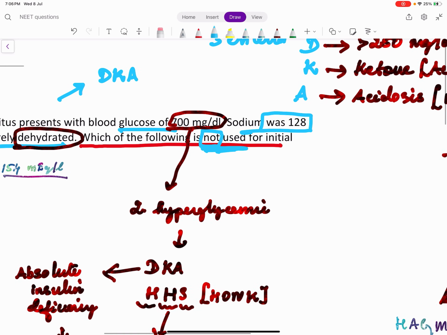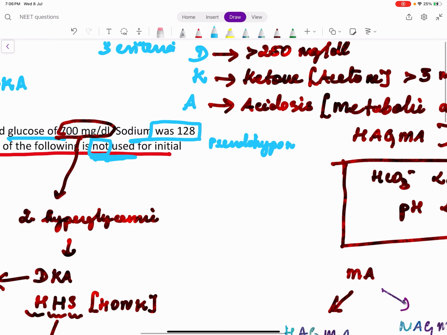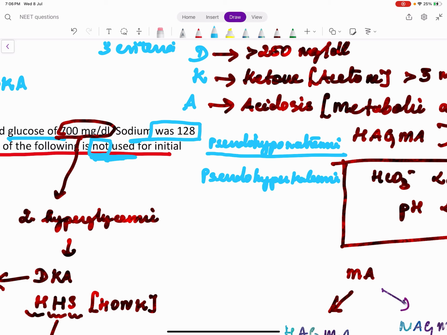Also, we have something called pseudo hyponatremia. Before labeling someone as hyponatremia, we have to rule out pseudo hyponatremia. When sugar is high, it dilutes the blood, so sodium will be falsely low. Similarly, before diagnosing hyperkalemia, we have to rule out pseudo hyperkalemia, because when a lab sample is kept for a longer time, it lyses and all the potassium within the cell comes out.